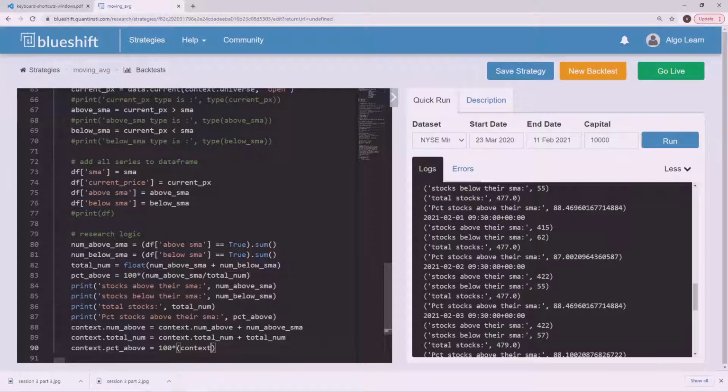So context above divided by context total. So this is our cumulative percentage above. We're taking our cumulative number above and dividing it by the cumulative total number. This will give us our running average.